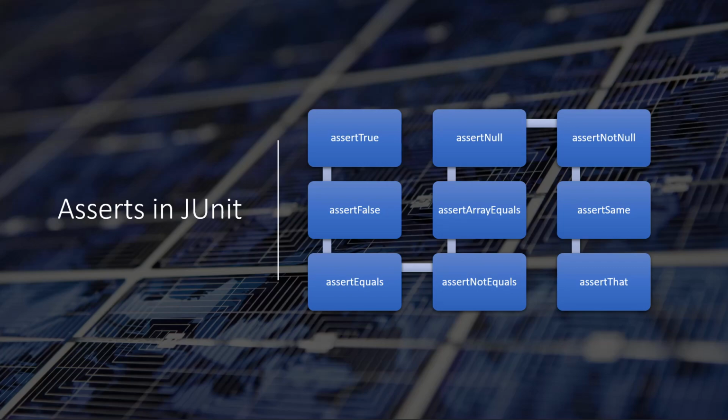I'm not going to nitpick over every single one of these methods. They're kind of intuitive once you get used to it, and there's plenty of resources online. But I want you to be aware that basically with JUnit you define interesting inputs that somehow test your system. You define interesting outputs of what you expect back from your system. And you use these assert methods to ensure that the outputs you expect match the outputs that actually come back from your system.